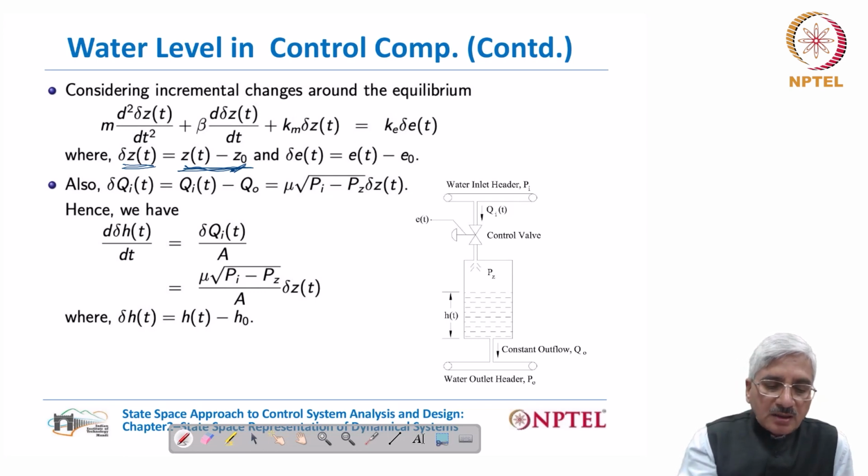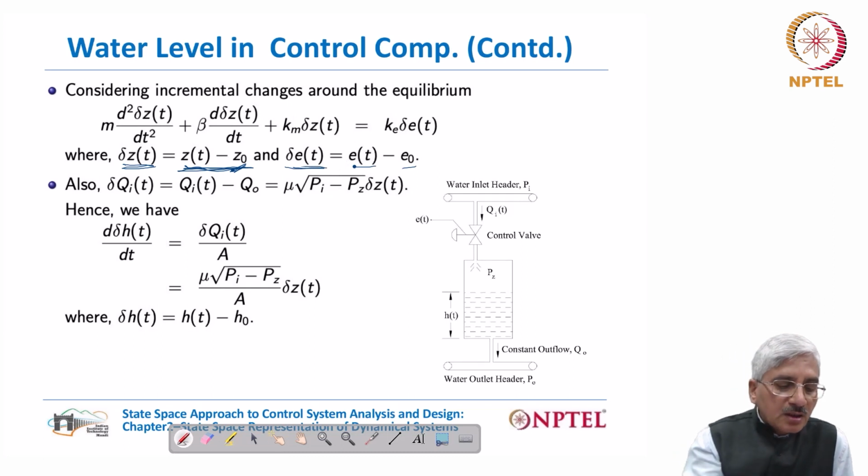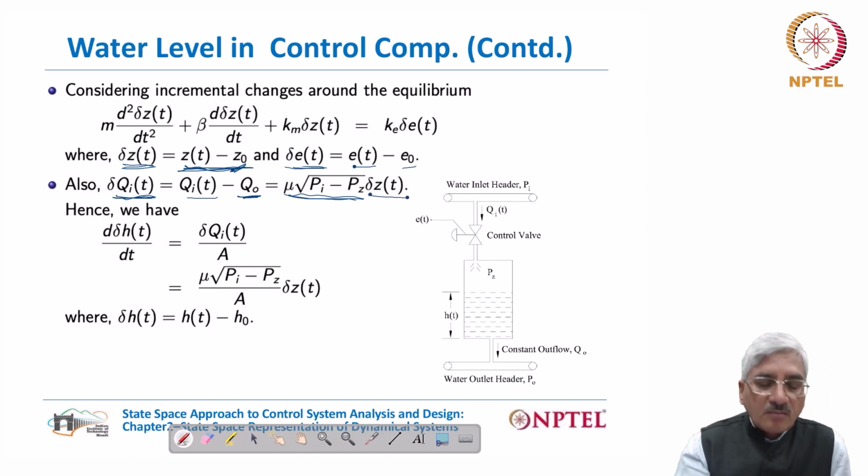And the equilibrium signal, that input signal, changes from E0 to E(t), and so the incremental change is delta E(t). Corresponding inflow change we saw on the previous page, delta Qi(t), will be Qi(t) minus Qo, the equilibrium outflow, which is also the equilibrium inflow, and this will be equal to a constant into delta Z, the valve position.